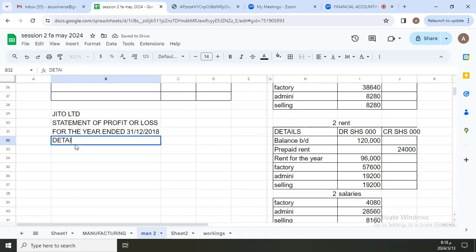Details, shillings. We should not forget our thousands.